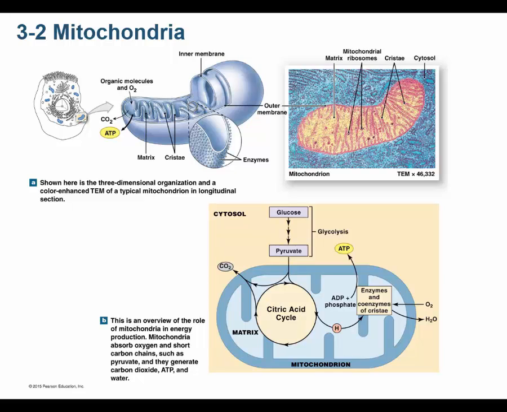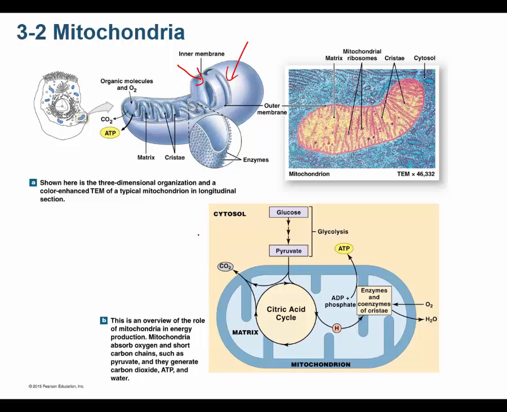Mitochondria is the powerhouse of the cell. It makes 95% of your ATP. Mitochondria are double membraned. So here's one phospholipid bilayer, and here's another phospholipid bilayer. The aerobic respiration occurs in these mitochondria, and in chapter 25, I believe, we go through the details of aerobic respiration.